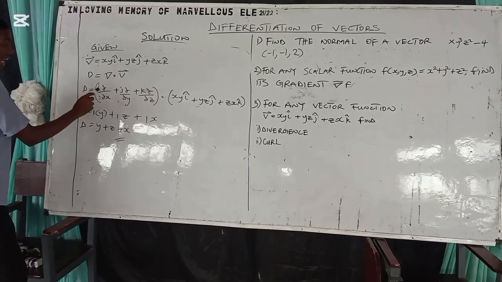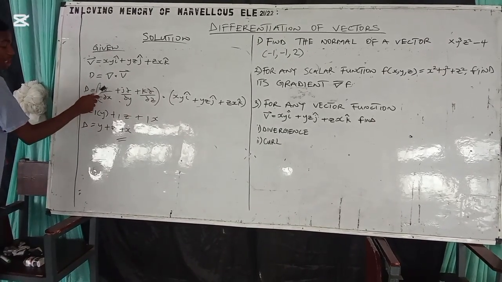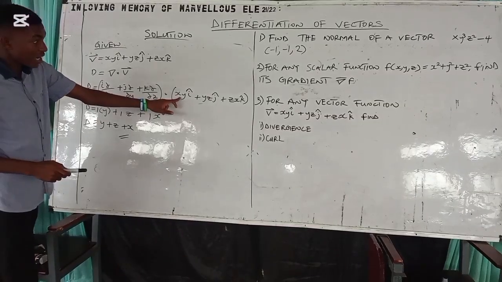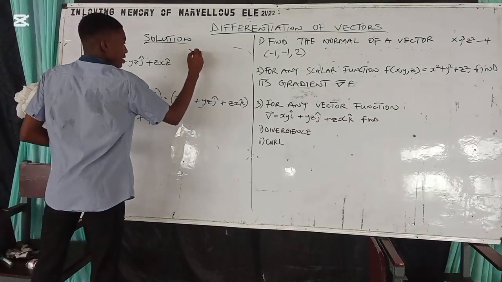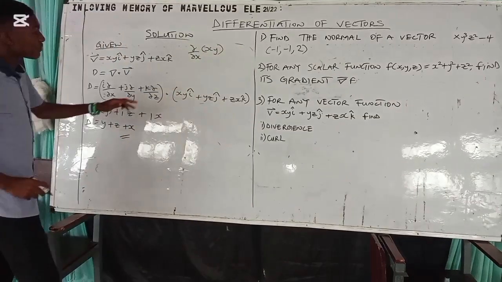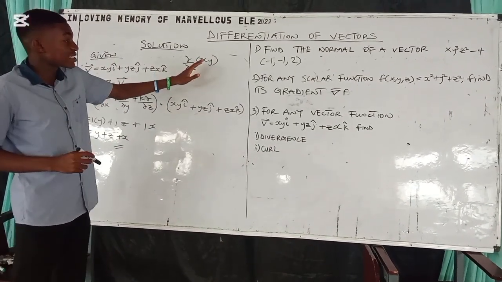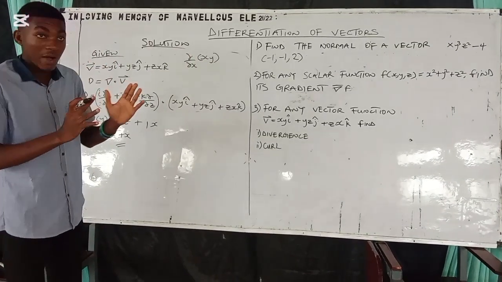Now first find the dot product between these two, because that is divergence. Find the dot product. i dot i is 1. This is 1, partial of x times xy. Just like you say, partial of x, xy. This means we differentiate the function with respect to x. Differentiating this function with respect to x, meaning you focus on only x. That's what partial means.